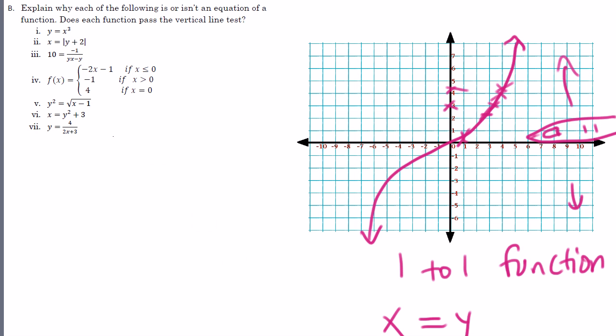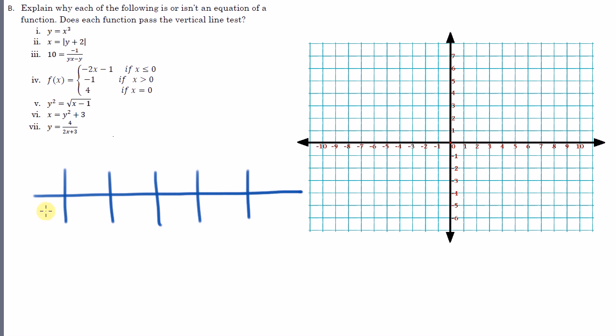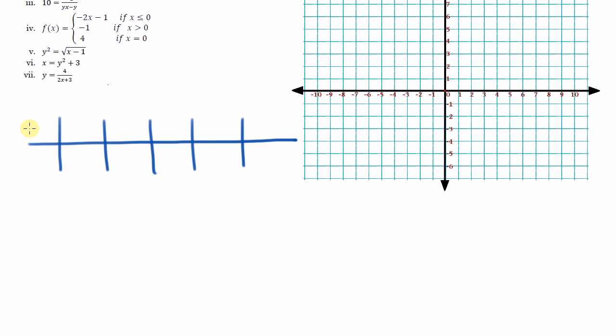And that goes along with if you're given a table of values and they ask you something like this. So say these are my x values and these are my f of x values. So when I input -1, I get 1. When I input -2, I get 1.